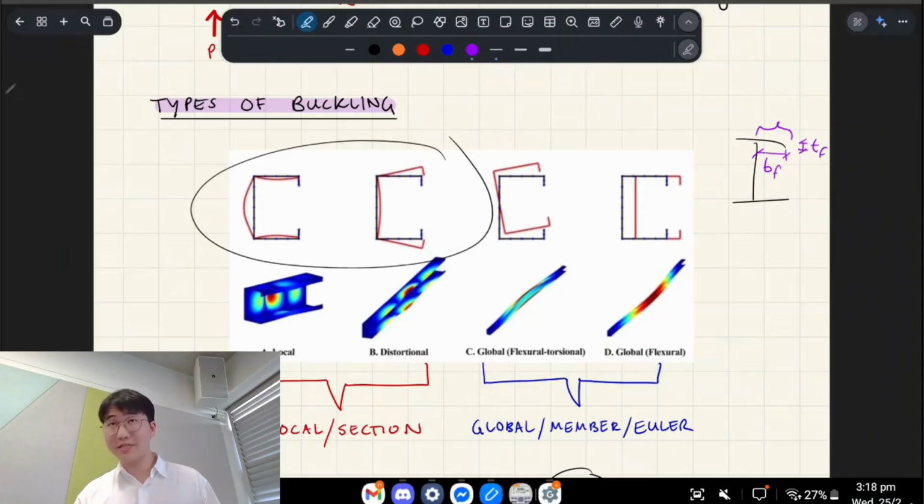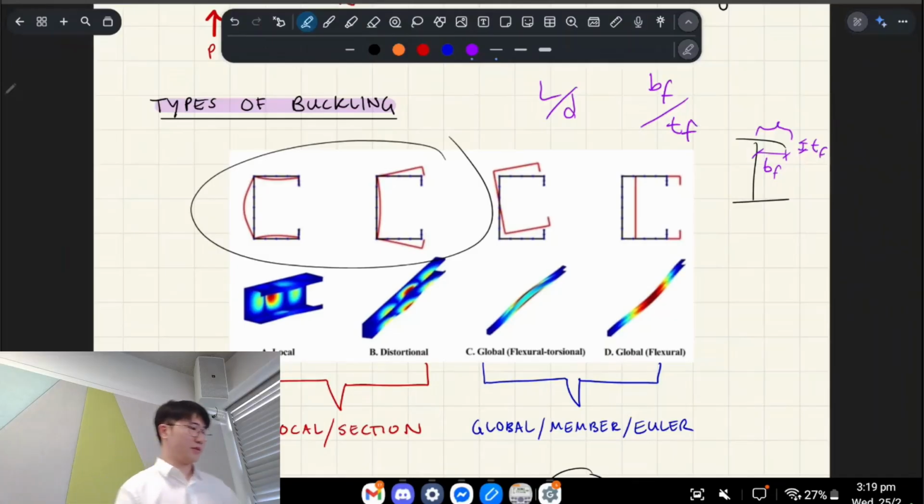Now instead of length to depth, we're comparing flange length basically, or flange width, to flange thickness. Do you know what I'm saying? So this is a different way of looking at it, but both are experienced in compressive stresses, right?